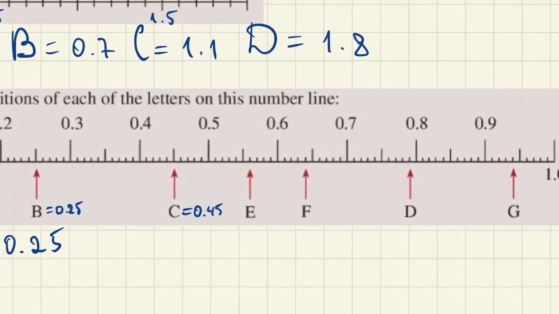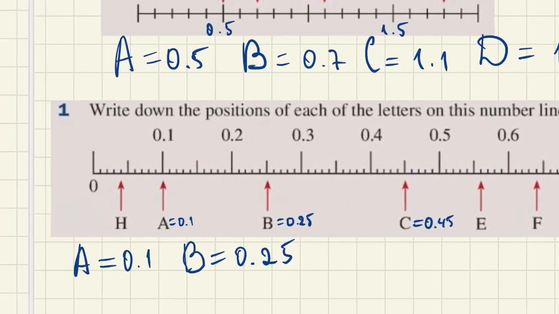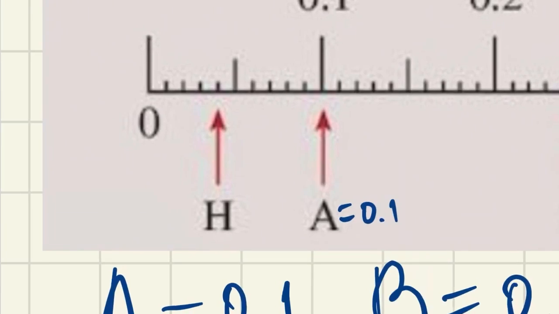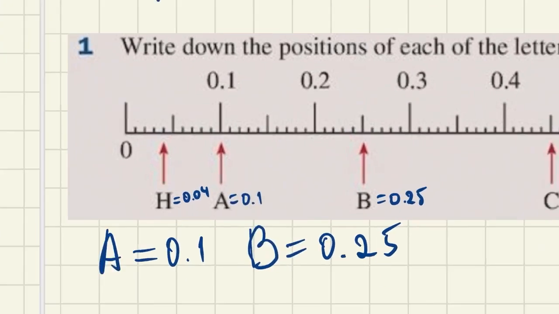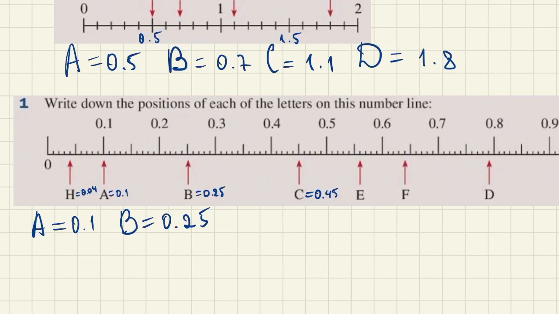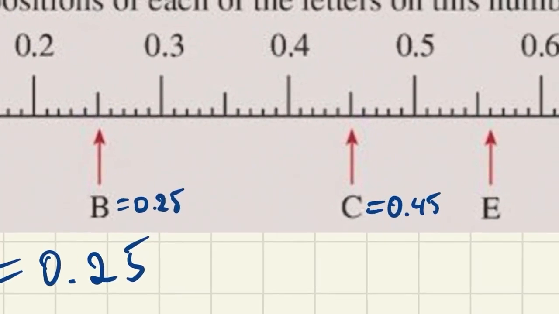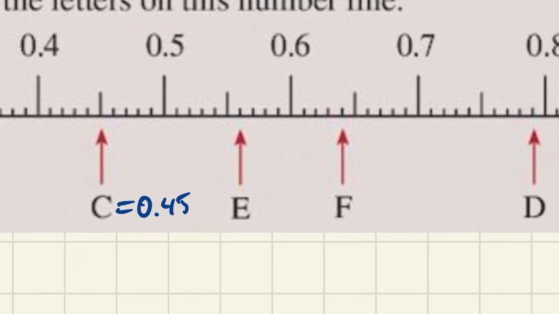E, not really in the middle. There's a D somewhere missing. Okay, we're gonna go by alphabet order. So we go A, but actually, why do we have to do this? Let's just do all of them like this. H. Let's do H. 1, 2, 3, 4. So 0.01. We already concluded that H is 0.04. So 0.04, 0.1, 0.25, 0.45.